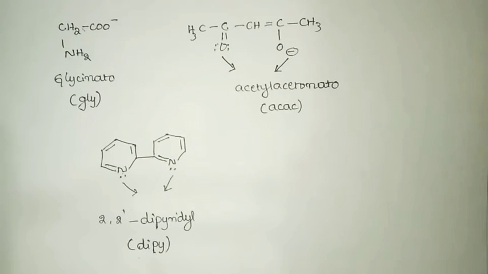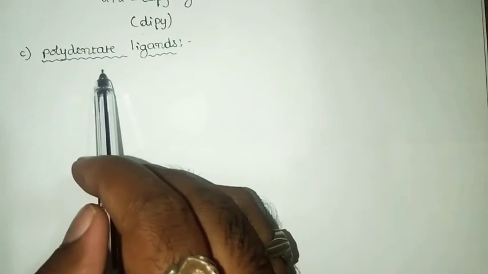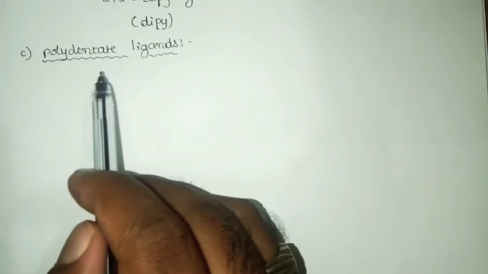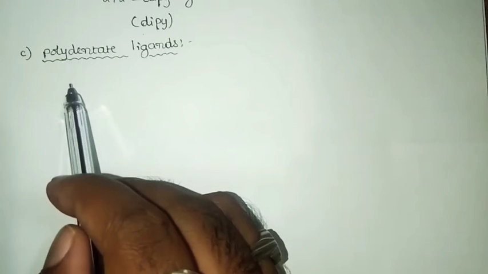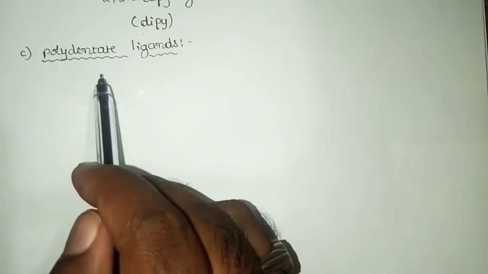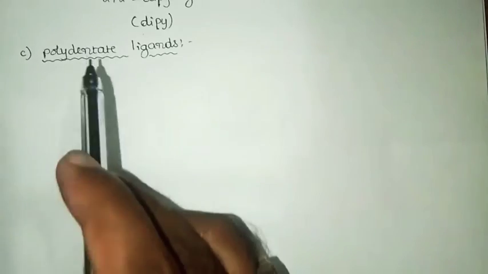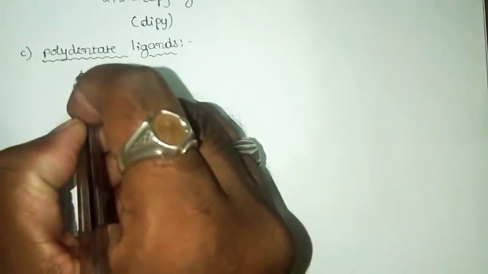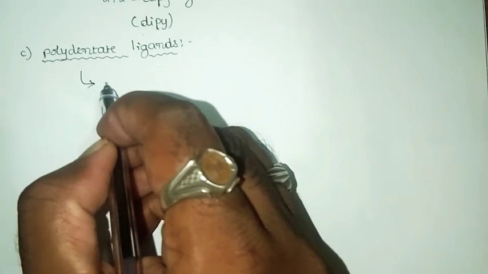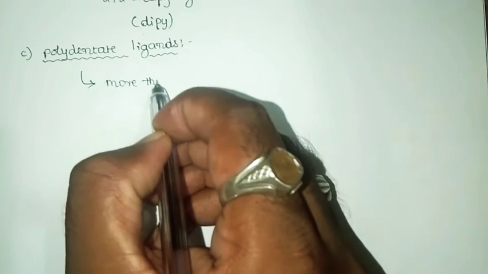The last type of ligands based on the number of ligating atoms is polydentate ligands. The name itself telling you polydentate, that means there will be more number of ligating atoms present in that particular ligand. And in particular, a polydentate ligand means that will contain more than two ligating atoms in it.